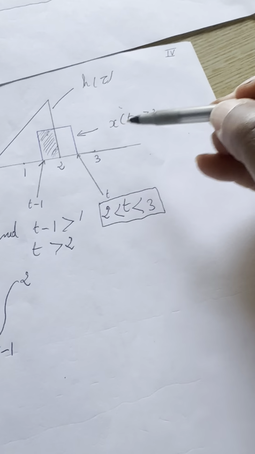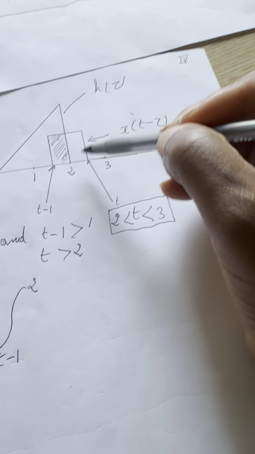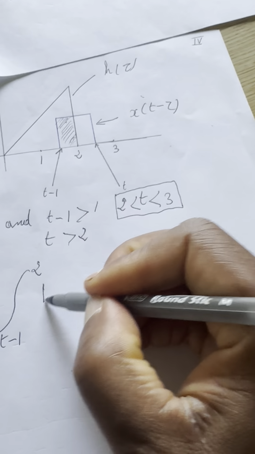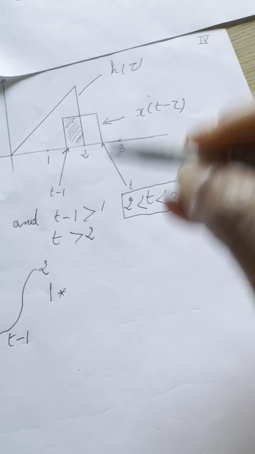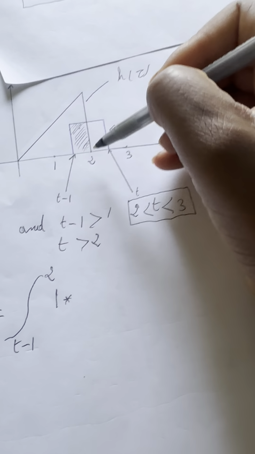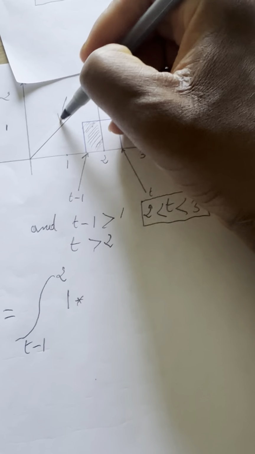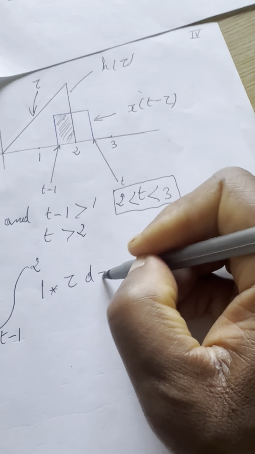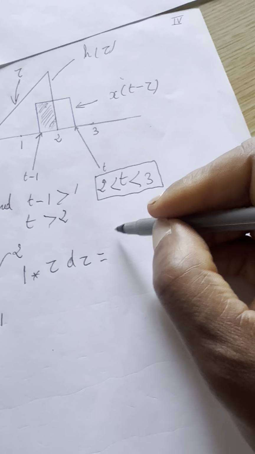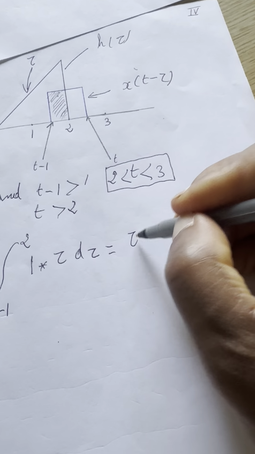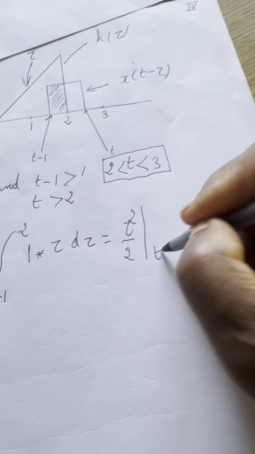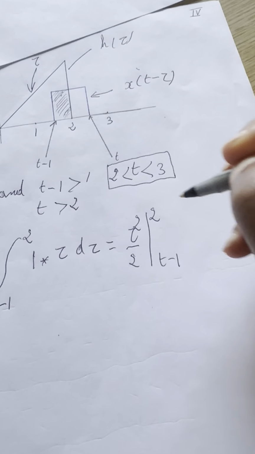For x(t minus tau), we have here 1 times h(tau), here we have tau d tau. So this becomes tau squared by 2 between t minus 1 and 2.